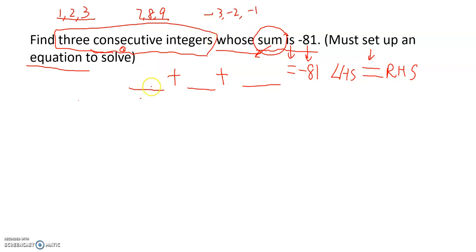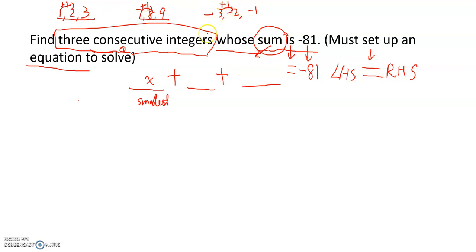All right, here let's just say the first one is the smallest. Out of these three consecutive integers, the first one is the smallest. If I make the first one x, the next integer is always one bigger, so you can add 1 to the smallest to get the second, even for negatives.